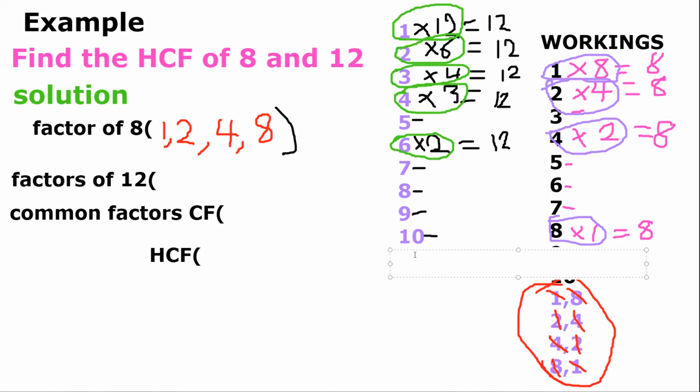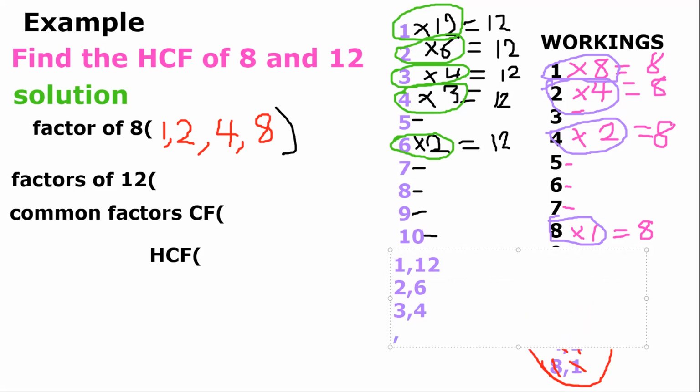Now you have 1 and 12, 2 and 6, 3 and 4, 4 and 3, 6 and 2. I think that's all. Let me change the color.